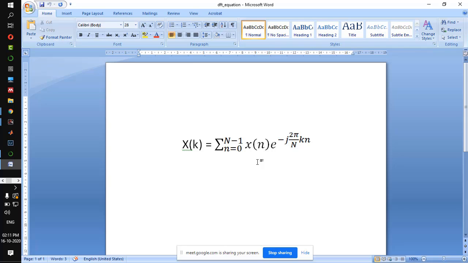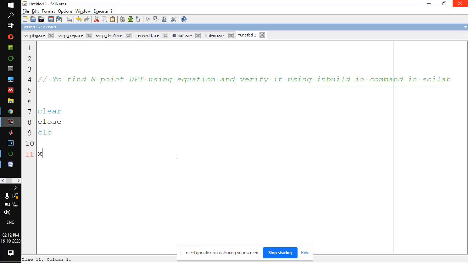Now we need to read x of n, the signal in time domain, and the number of points. For a given x of n, I want to find whether a 4-point DFT or 8-point DFT or anything, so generally it is capital N. Take small letter x, saying that it is in time domain, is equal to input, a command which will read the values we give in the console window.